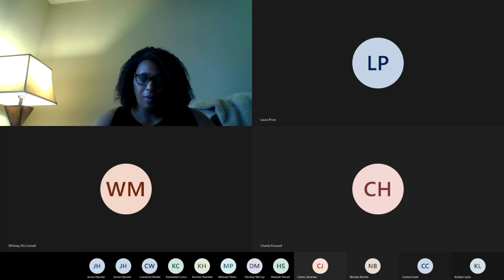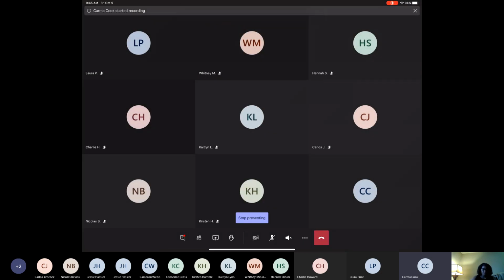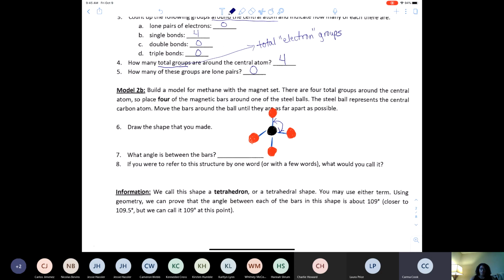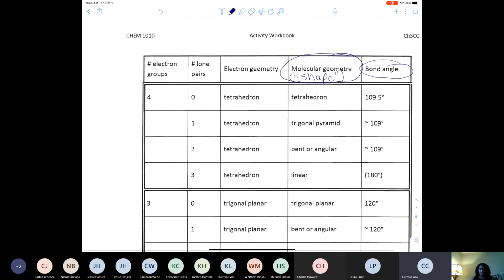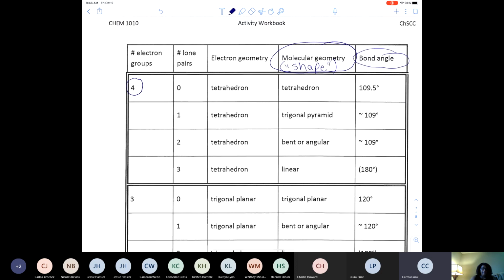Okay, going back to where we left off, Whitney gave us our answer for the bond angle of our methane molecule. If we go back to the end of our document, to the data table I referred to earlier, we said that methane has 4 electron groups around it, and 0 of those 4 groups were lone pairs.